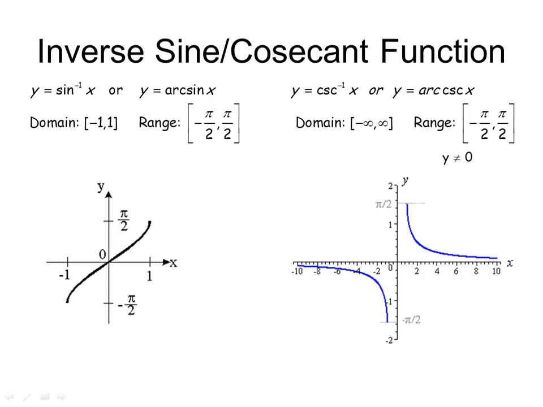Okay? And so remember, when we talk about function versus inverse, do you remember what the domain is? If I gave you a set of ordered pairs, let's say (3, 2), (5, 6), and (negative 1, 4), what would the domain be?